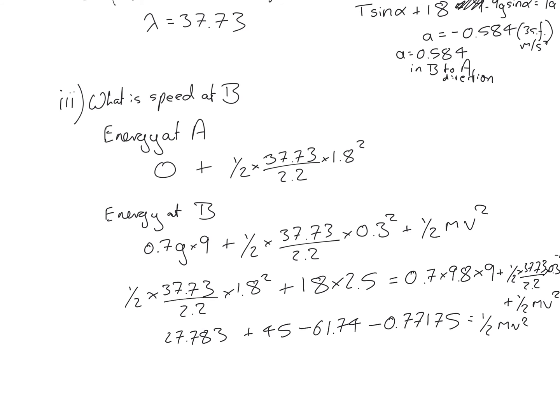Times by 2 divided by 9, square root. V equals 1.51 meters per second. There we go, there is question 3.